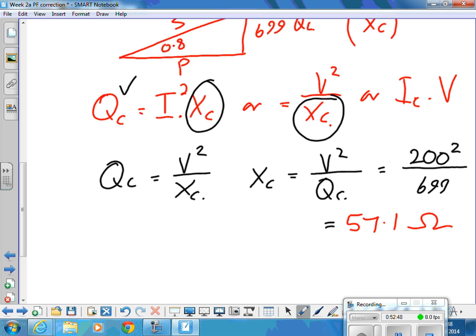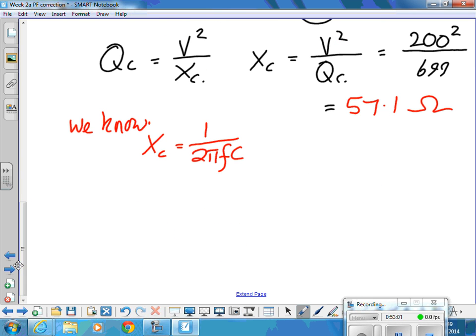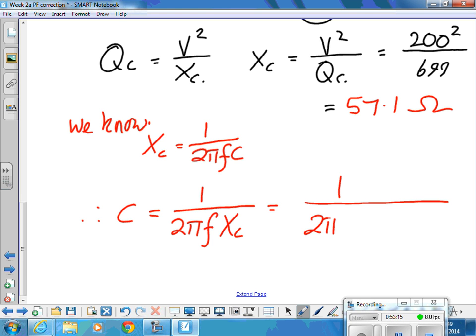We also know XC is equal to 1 over 2 pi FC. Therefore, C must equal 1 over 2 pi F XC, which is 1 over 2 pi. What was the frequency of this circuit? Times 50 times 57.1.